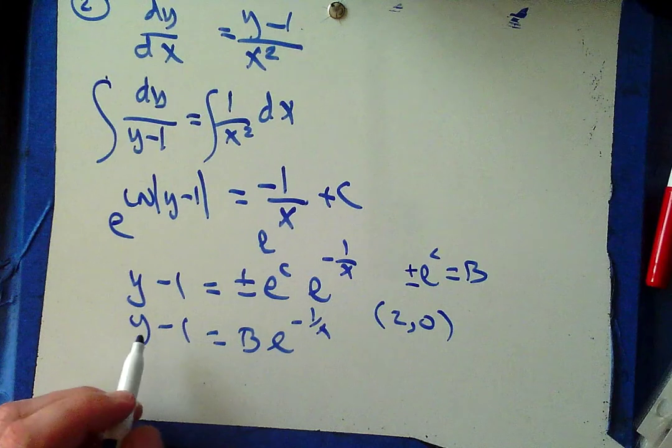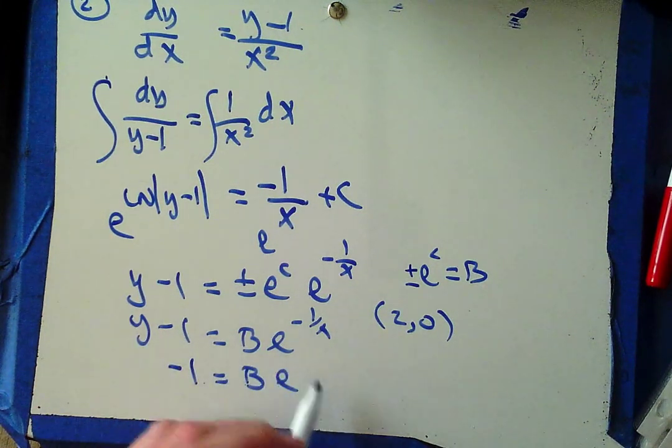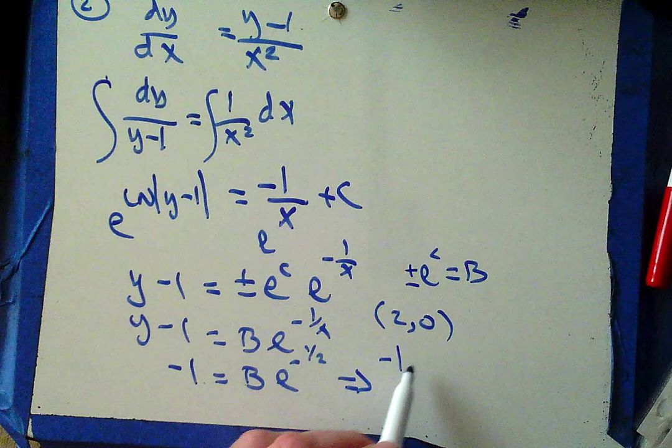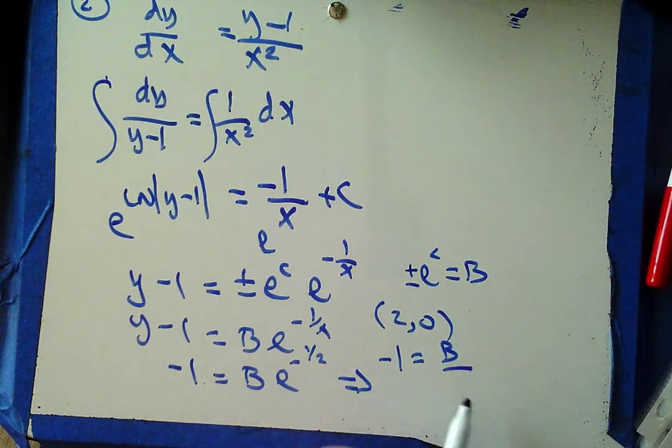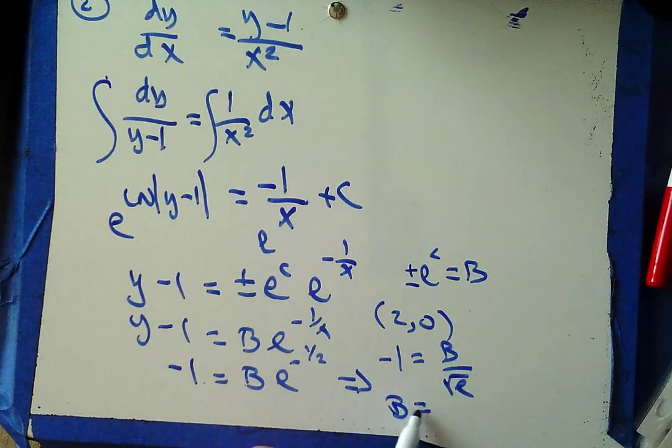So I get negative 1 equals b e to the negative 1 half, which is the same as negative 1 equals b over square root of e. So I get that b equals negative root e.